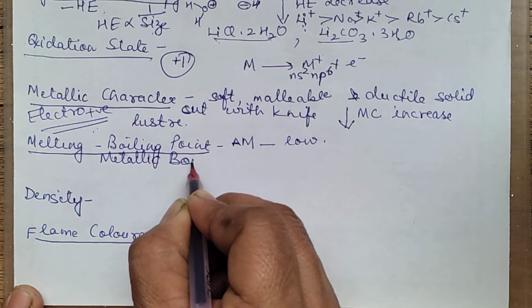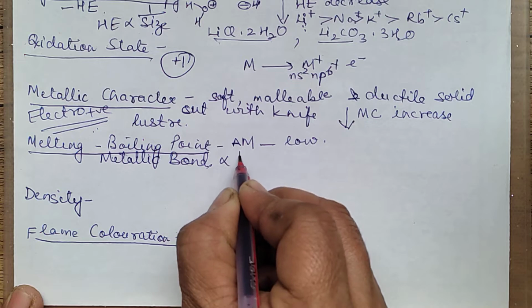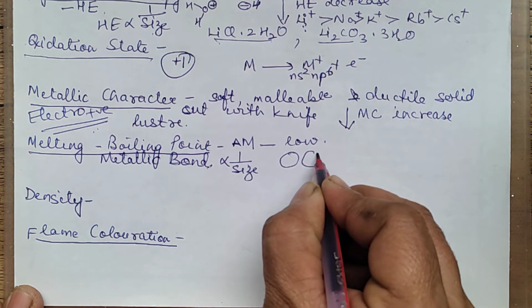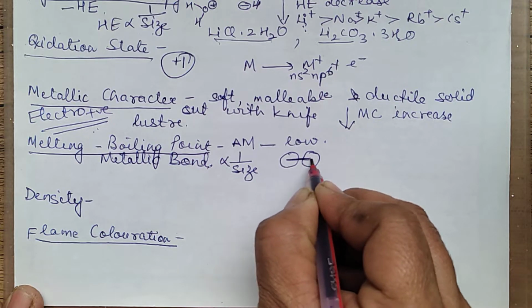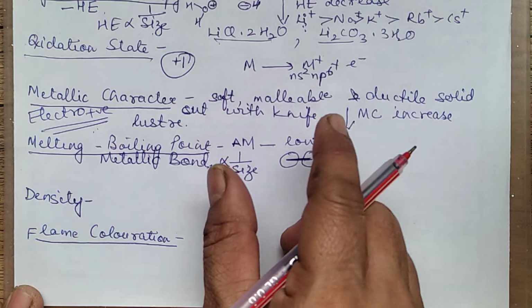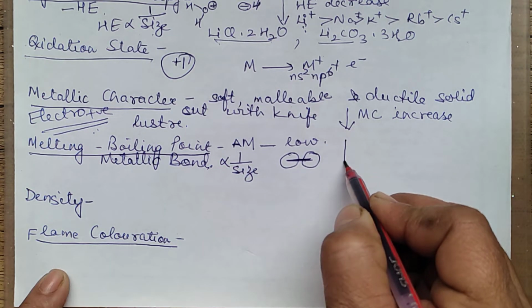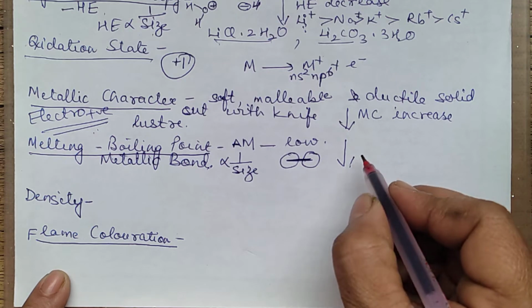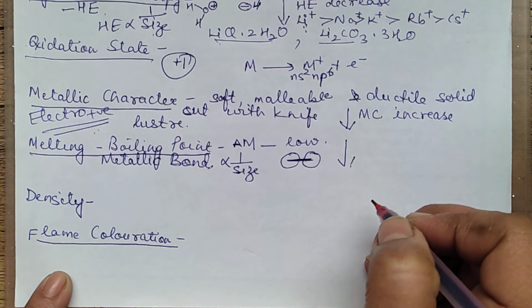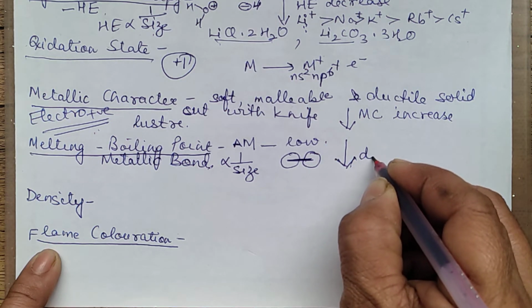Metallic bond strength is inversely proportional to size, because if the size of the atom is small, then the bond strength will be strong. If it is big, the bond length will be more and the bond will break faster. So you find that down the group, the melting point and boiling point will be decreasing.